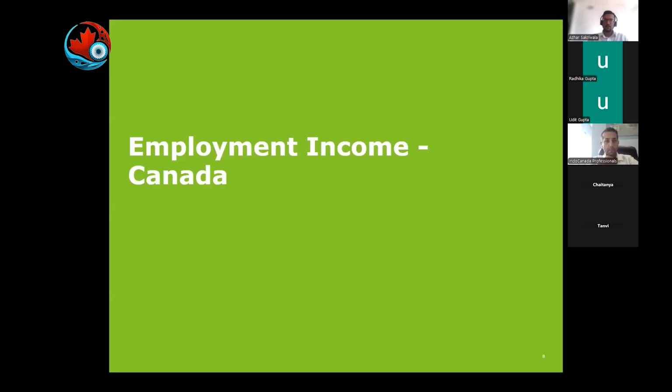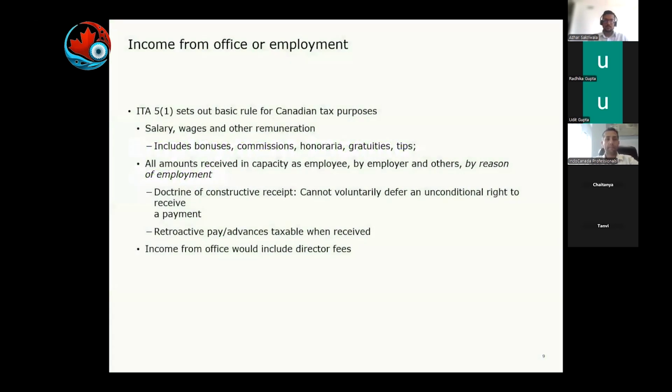Now coming on to the various types of incomes that are taxable in Canada and the tax treatments of the income. Starting with employment income. The rules under the ITA state that employment income includes all kinds of payments that you receive from your employer under the employer-employee relationship.